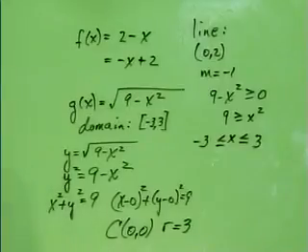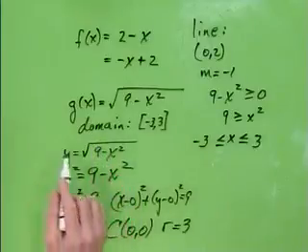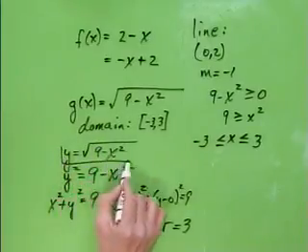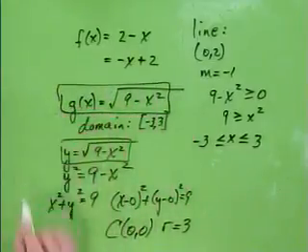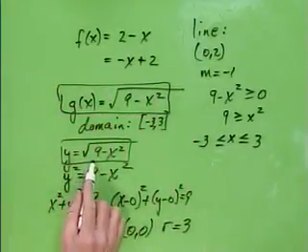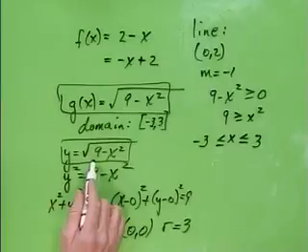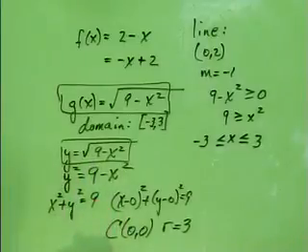But a circle is not a function because a circle doesn't pass the vertical line test. There are vertical lines that intersect the circle more than once. But if I go back to this form up here, you notice y can't be negative because it's the non-negative square root of 9 minus x squared.